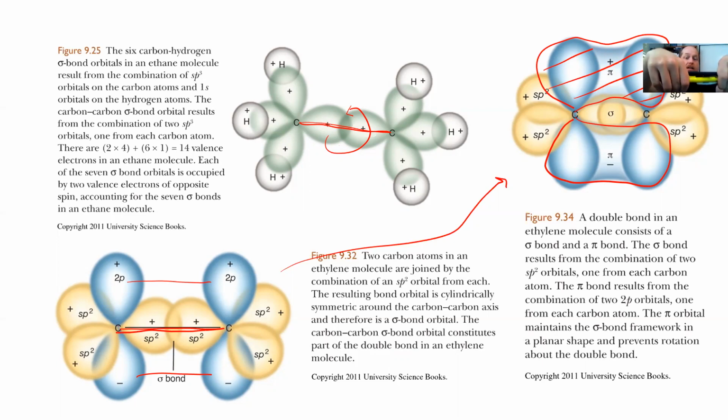It essentially locks into place the position of those atoms bonded to the carbons, okay? So you now have very distinct positions in a molecule with a double bond. We're going to talk about that when we look at isomers in a minute.